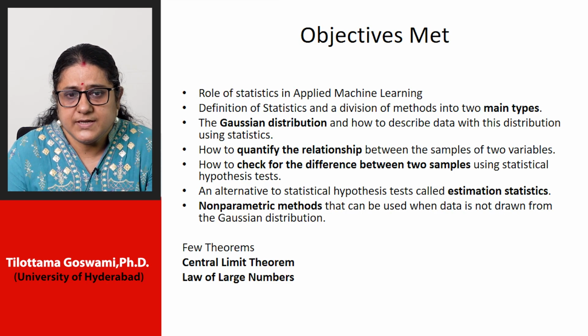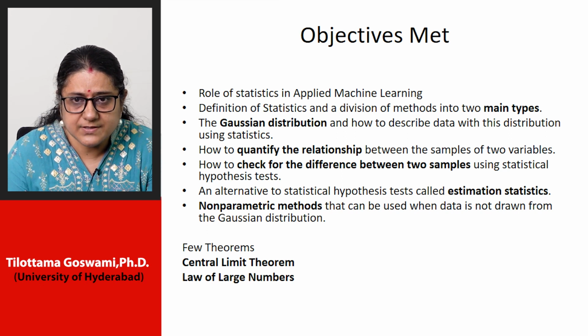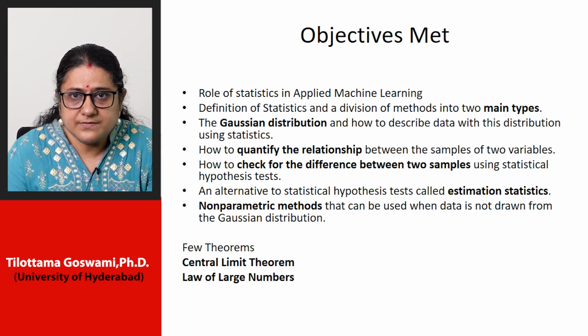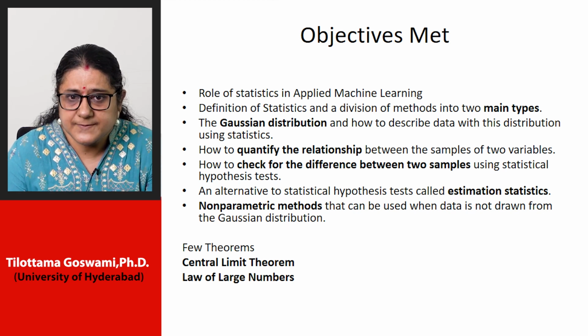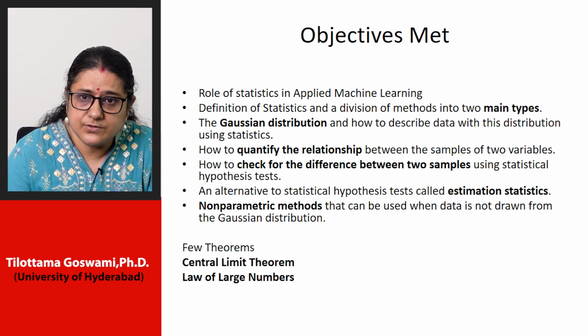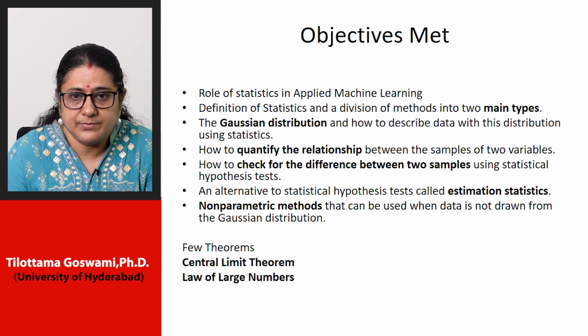So these are the objectives met in these two parts of the statistical analysis for machine learning. We came across two types of statistics: one is descriptive, another is inferential. Then we talked about the Gaussian distribution, knowing the mean and the standard deviation. Then how to quantify the relationship between two samples from two sources, and how to check the differences between the two samples using a statistical hypothesis test.